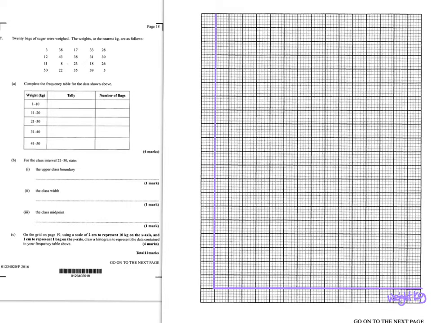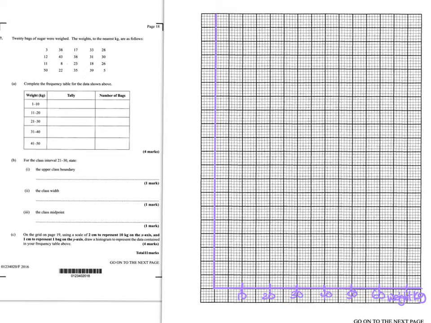So every 2 centimeters would be 10 kilograms. So we get 10, 20, 30, 40, 50, 60.